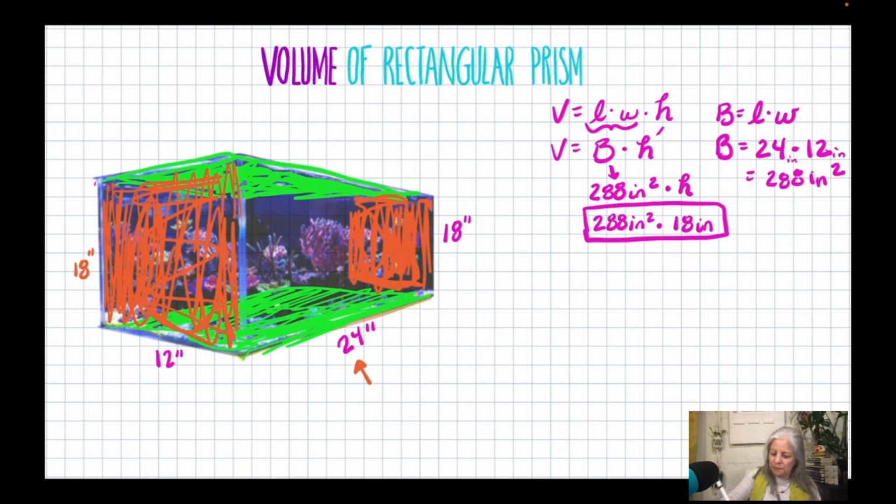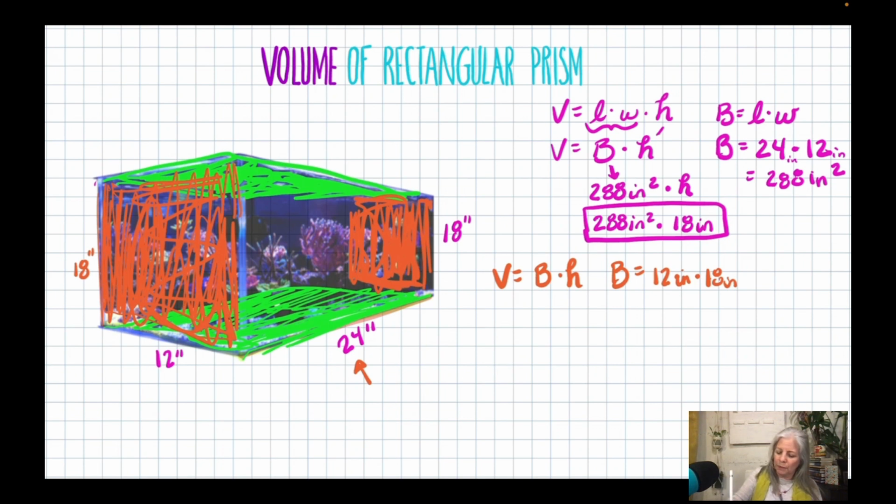I'm going to rewrite 18 inches over here so we can see it. Now let's write this again. Volume is equal to the area of the base times the height. And in this case, the area of the base is going to be 12 inches times 18 inches. That's this rectangle over here.